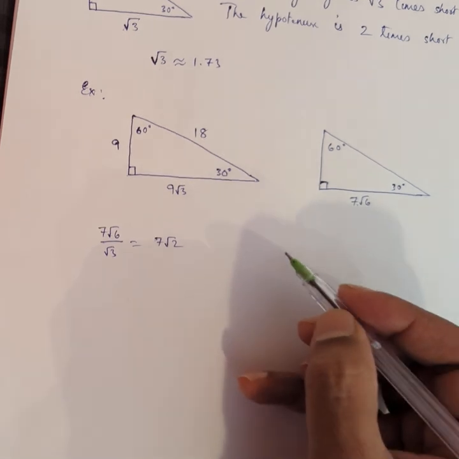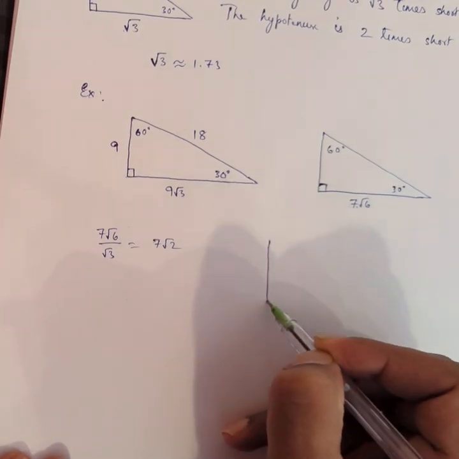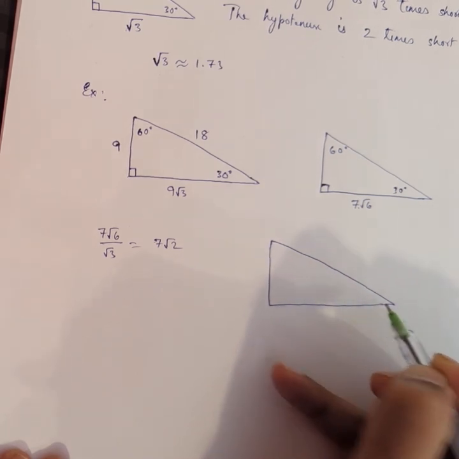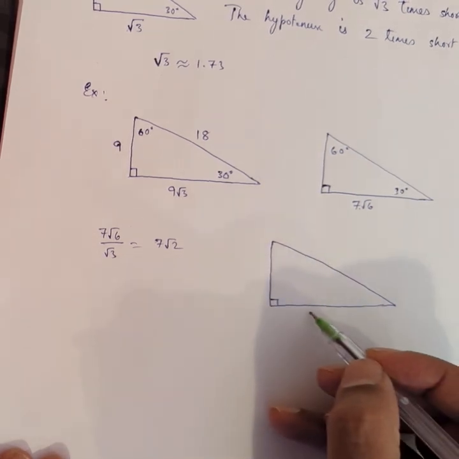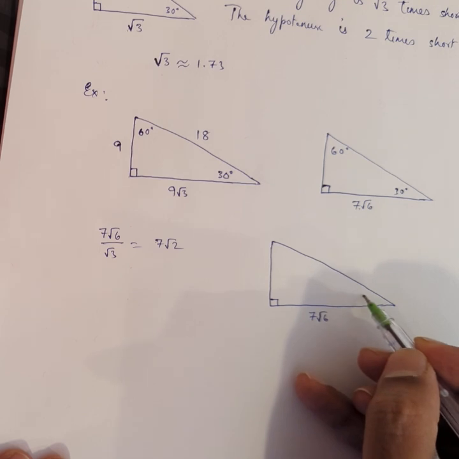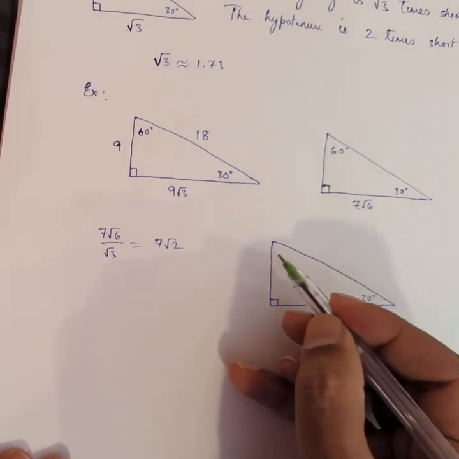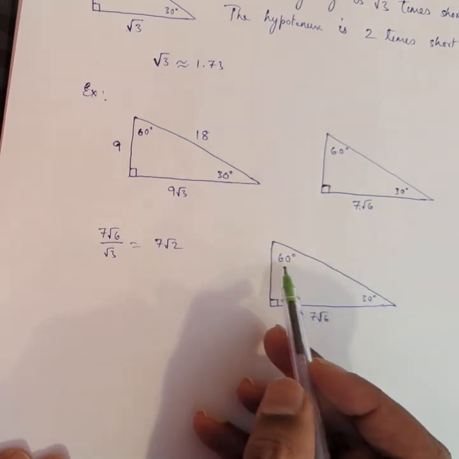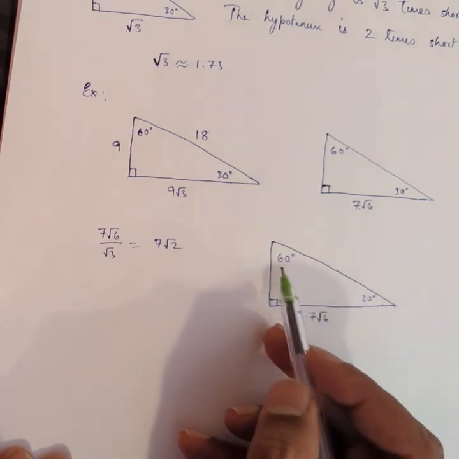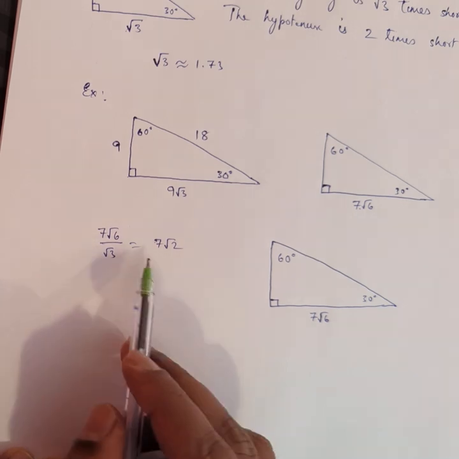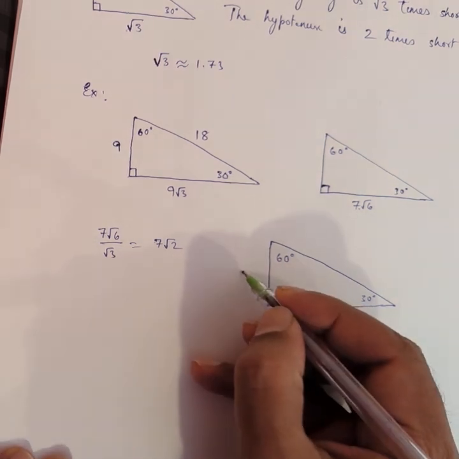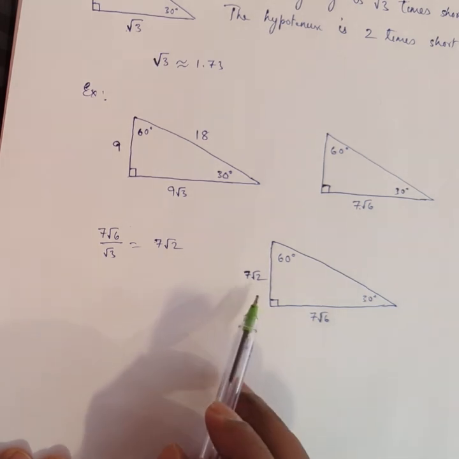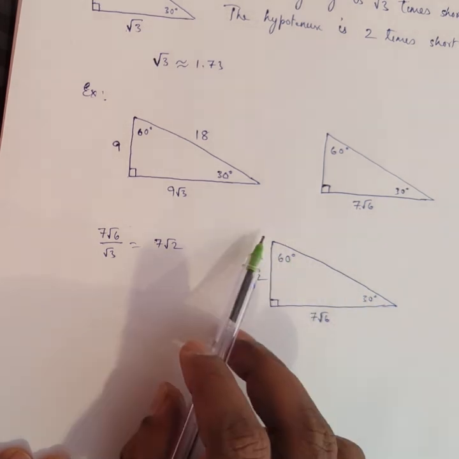So let me redraw the picture. This was given to us, 7 root 6, 30 degrees. Then we didn't have to do any calculations here. This would be the complement of 30, which is 60. And we just figured the short leg has to be 7 root 2. Now, from the short leg, we can find the hypotenuse.